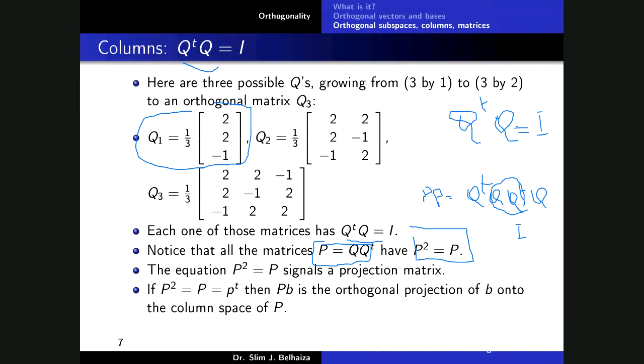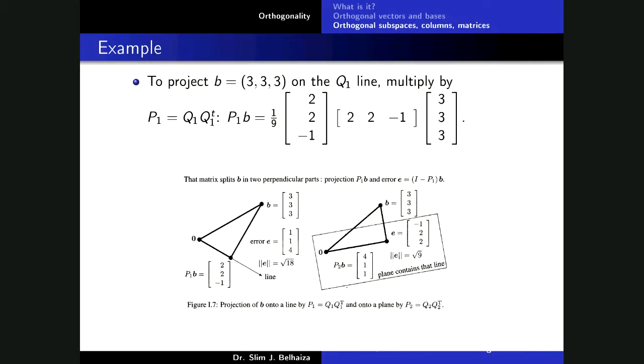What it does, once multiplied by a vector b, is project the vector onto the column space of P. Let's see an application. For example, if you consider this vector (3, 3, 3), you see it here.